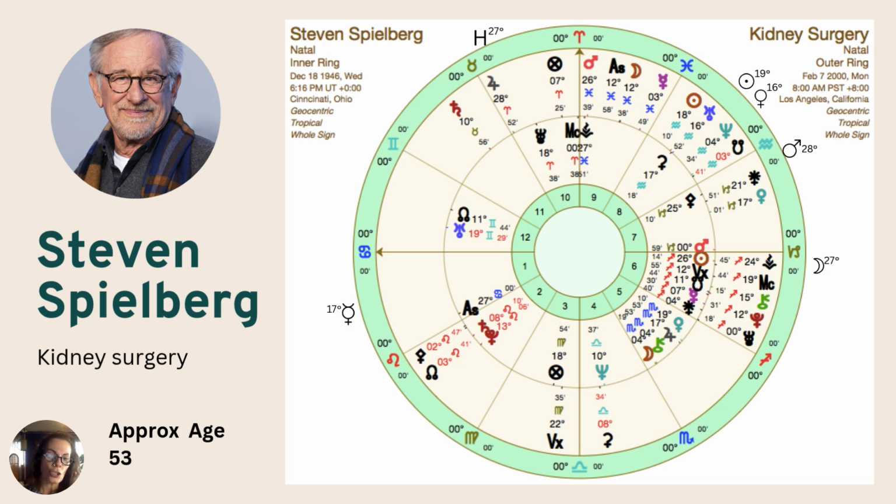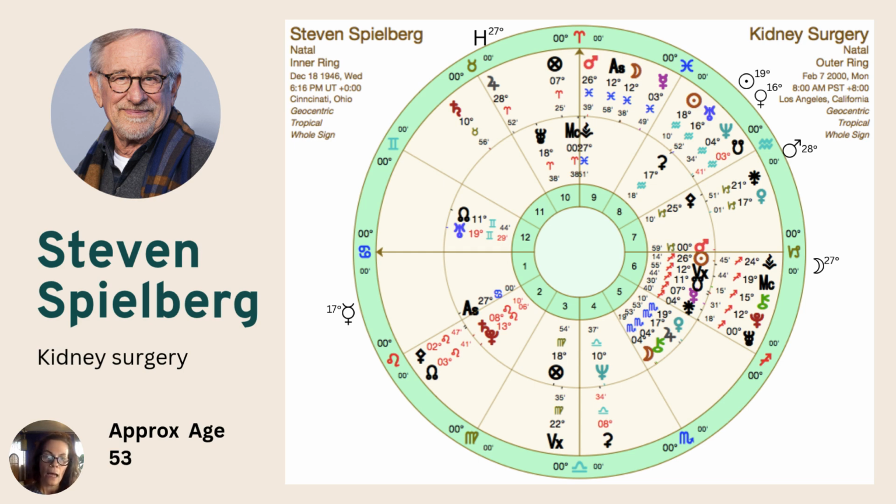Well, that is actually in an exact square with his ascendant. And it is also in a square, so a T-square is being formed with the OP Mars at 28 degrees in Capricorn. So we have that as an indicator as well of what's going on.